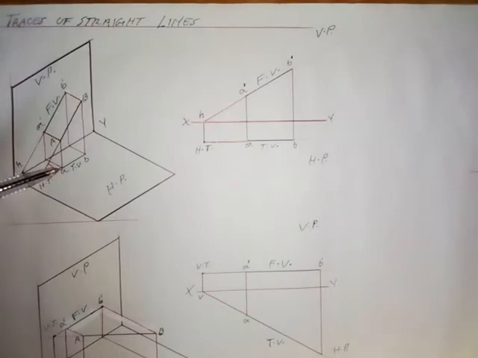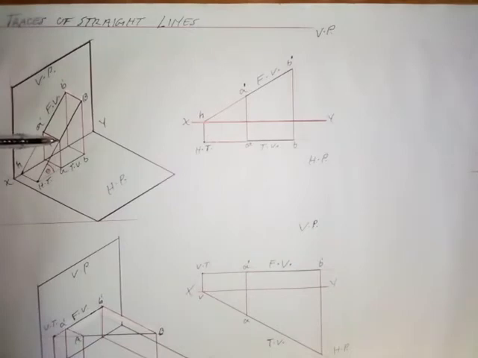Then here we have the top view of line AB. And I believe you know how we got the top view of line AB as AB on this horizontal plane. Now, when we talk about a trace, I've produced the front view A prime, B prime, and I've produced the top view AB. So if I extend this line and bring it down, it meets this XY line at this point, by drawing a perpendicular line to the XY line.